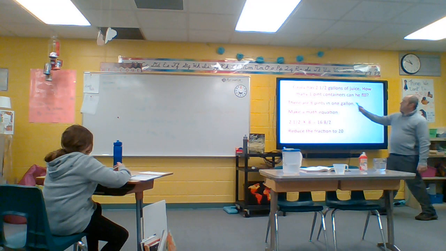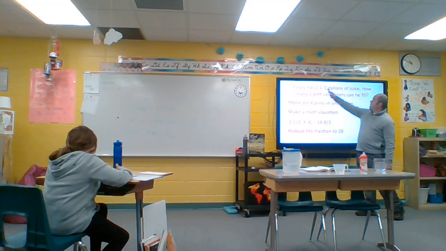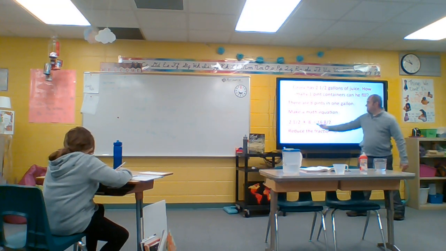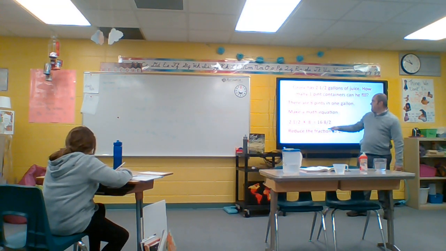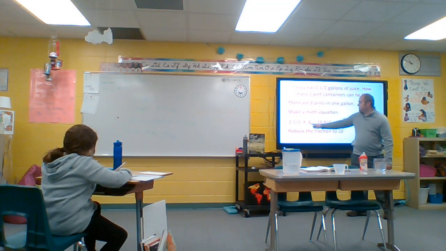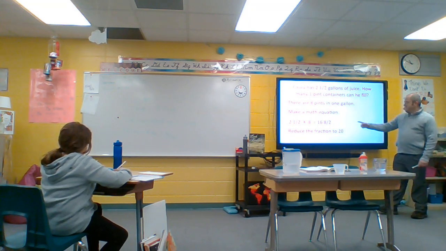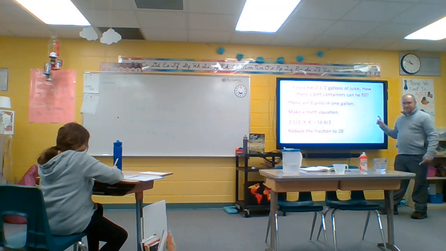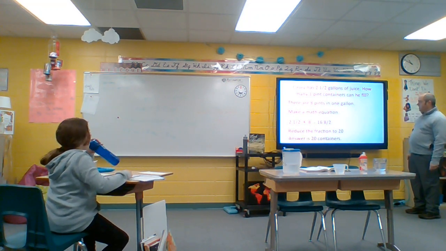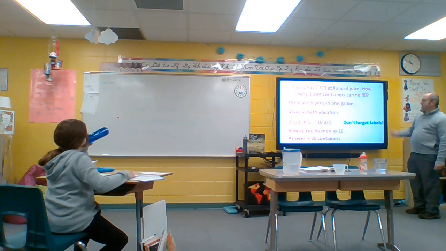I took the 2.5 gallons. I know there's 8 pints in each gallon, so I did 2.5 times 8. That gives me 16, because 8 times 2 is 16. And 8 times 1 half is 8 halves, and 8 halves is 4. So 16 plus 4 is 20. Following? Okay. So the answer is 20 containers. Don't forget your label.